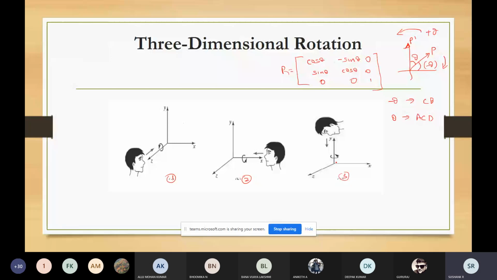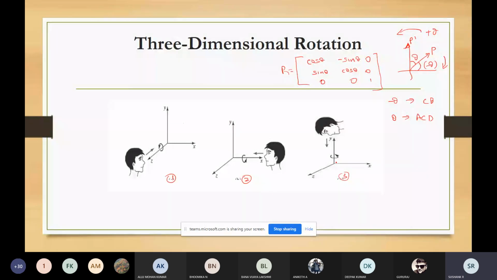So the view we are checking here is looking along the axis towards the origin. How do we derive the rotation equation, or how is it represented in three dimensions?